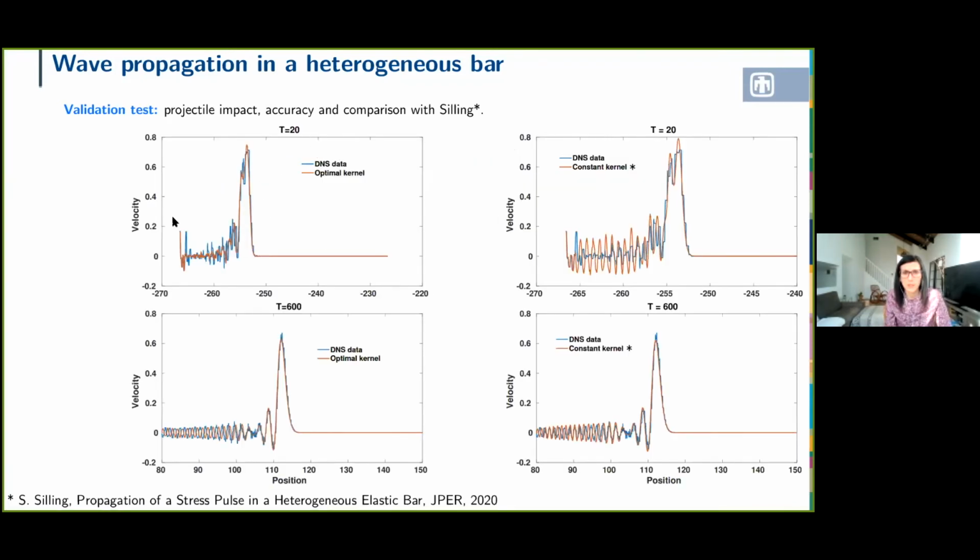On the top row, in the first column, we have the behavior of the optimal kernel at low, short times. As you can see, our kernel performs pretty well in both cases, while the state-of-the-art kernel, which was actually developed exactly for this impact problem, still doesn't behave exceptionally for short times, but it does behave well at long times.